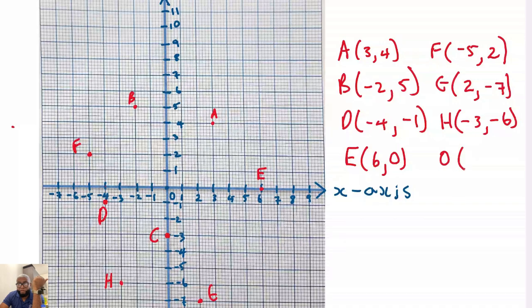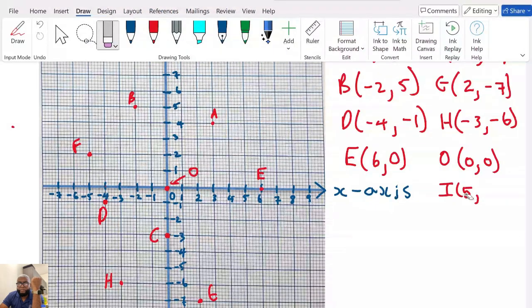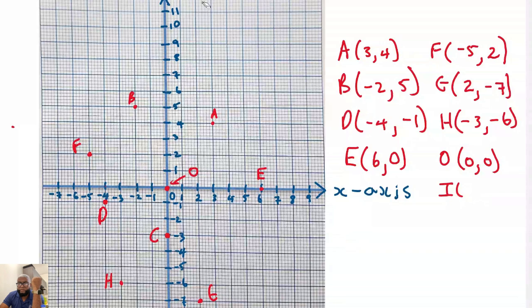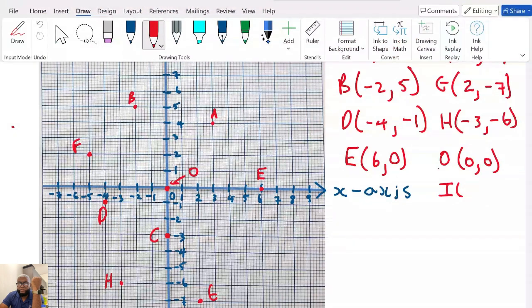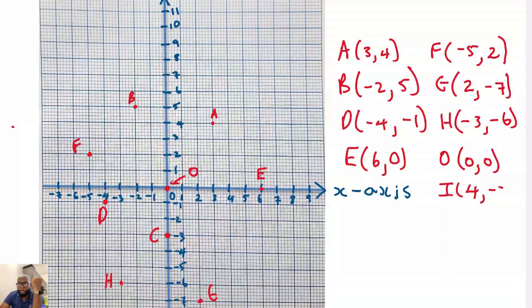H, I. No, 0. The origin. 0, 0 is here. I put it in blue already, but this is the origin, O. Right? I. Positive 4, comma, negative 2.